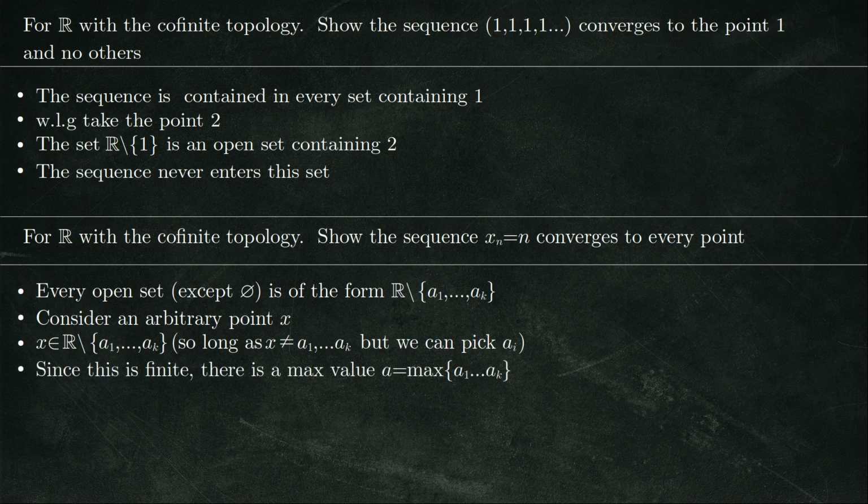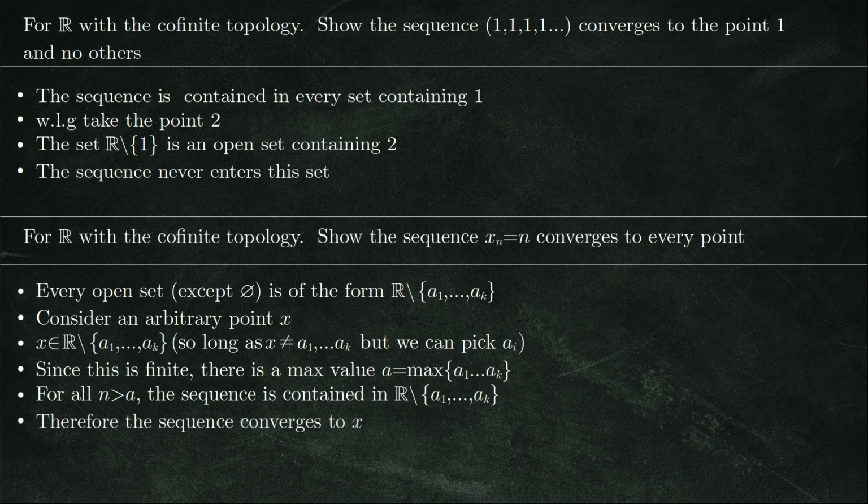Now, since A1 to AK is finite, there is a maximum value, which we're going to call A. Then for all n greater than this maximum value, the sequence is contained in R complement {A1, ..., AK}. That's because if n is greater than A, then it's bigger than all of the points we've taken out, so it's not one of the points we've taken out. Therefore, the sequence converges to x.